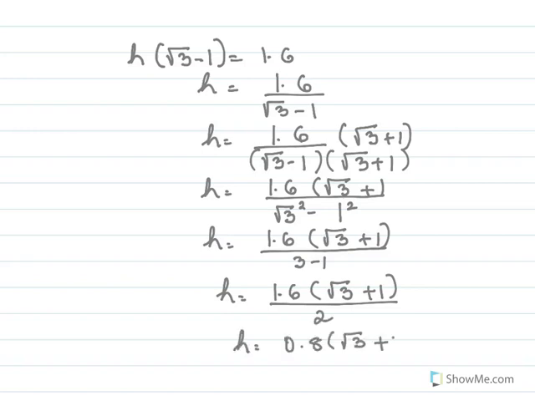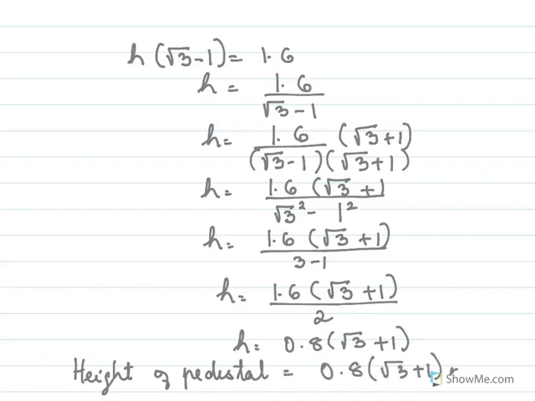When I cancel this, I get 0.8 times root 3 plus 1. So this is the height of the pedestal. We need to find height of pedestal. So height of pedestal equal to 0.8 times root 3 plus 1 meter.